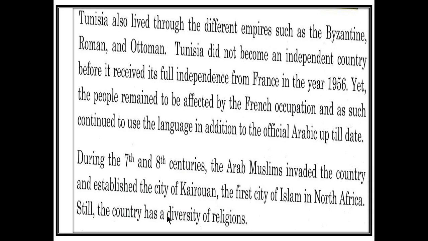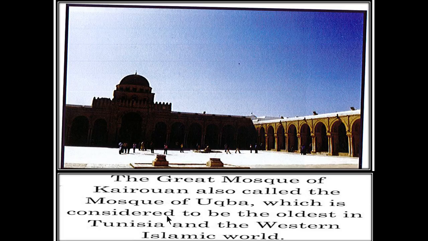There were different religions, but at the same time, the first city of Islam in North Africa is Cairo. Now here is the Great Mosque of Cairo, also called the Mosque of Uqba, which is considered to be the oldest in Tunisia and the Western Islamic world. So this is the mosque we are going to see in this picture.